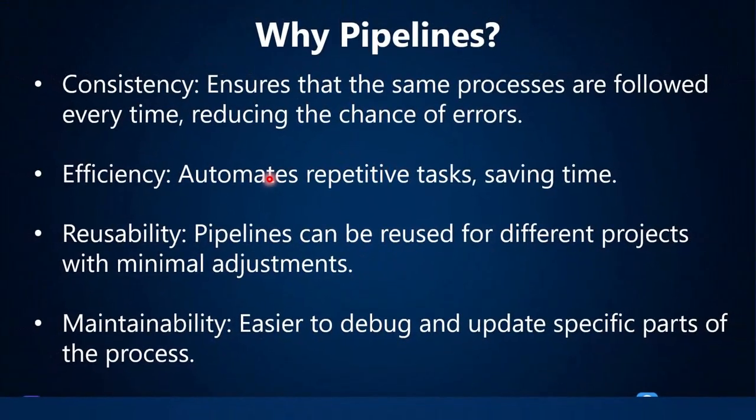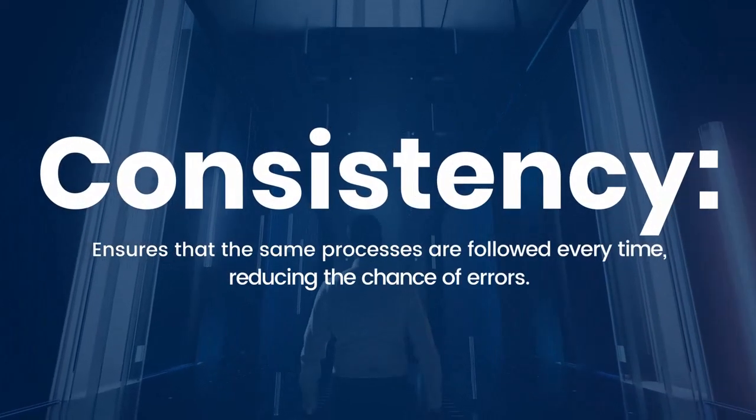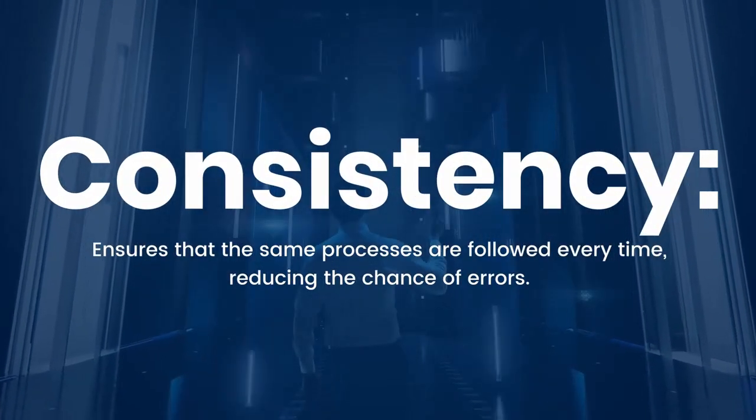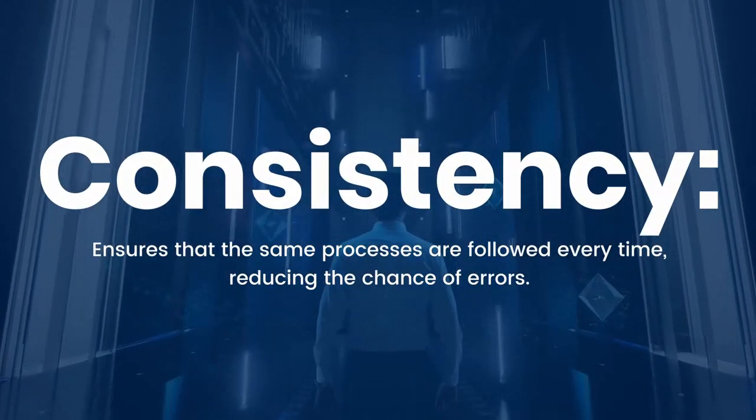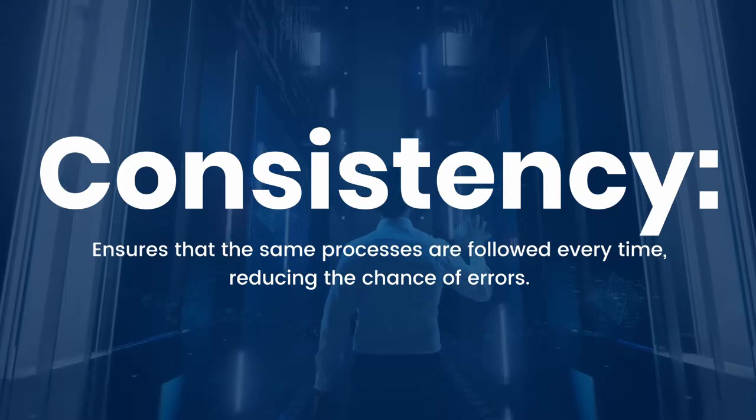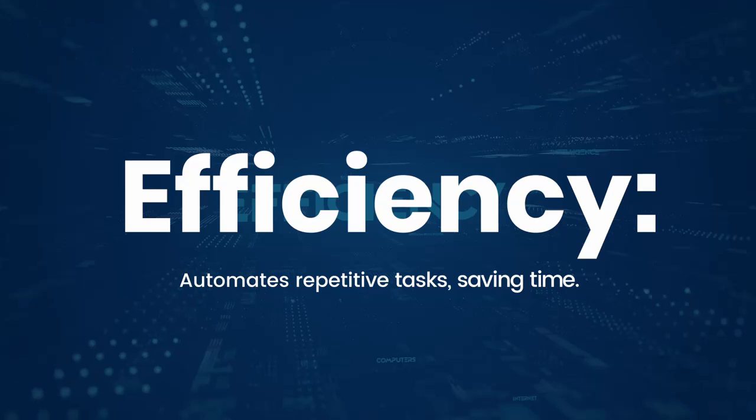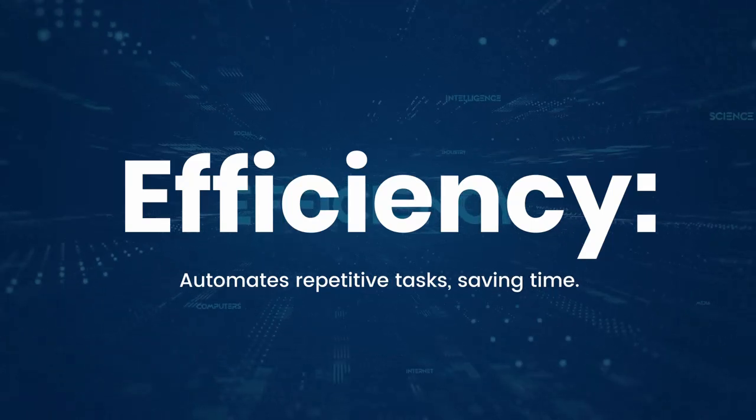But the question is why you should use a pipeline. Here are a few key benefits of it. First one is definitely consistency, which ensures that the same process is followed every time, reducing the chances of error. It is efficient because it automates the repetitive tasks, which helps you save a lot of time.